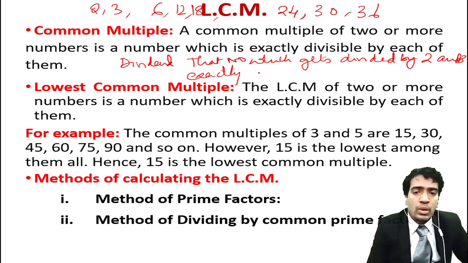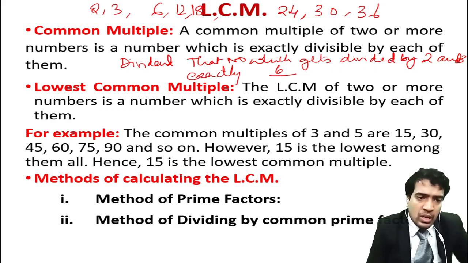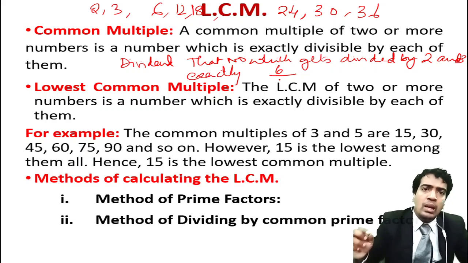So when you take the common multiple as the numerator and divide by the numbers for which you are calculating the common multiple, then the common multiple should be exactly divisible by those numbers.